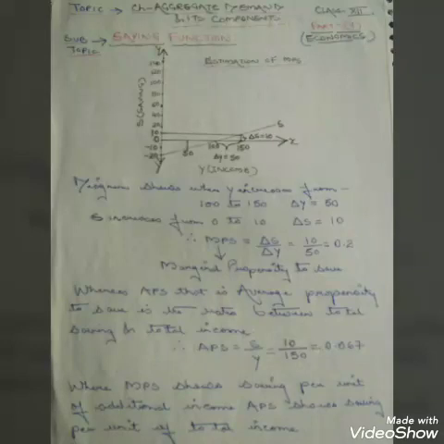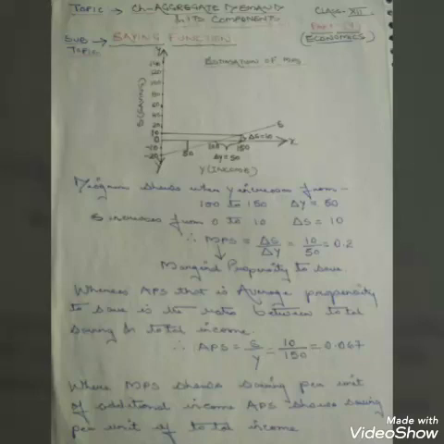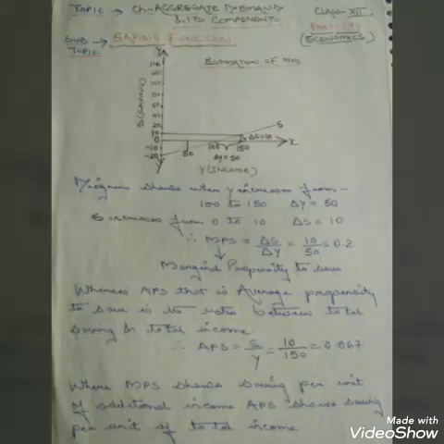And when S increases from 0 to 10, then the delta S equals 10. So children, the formula for MPS is delta S upon delta Y. That comes to 10 upon 50, and we get 0.2.